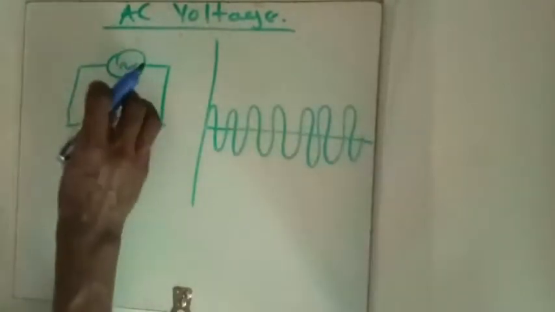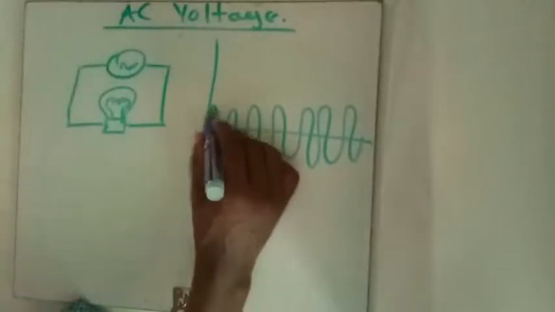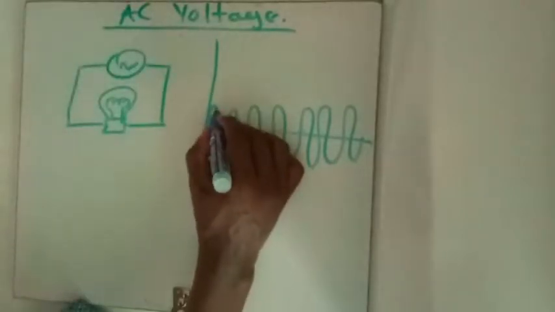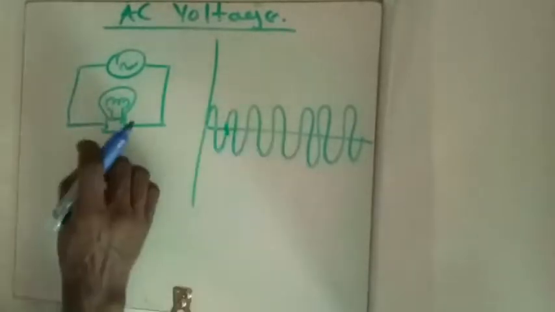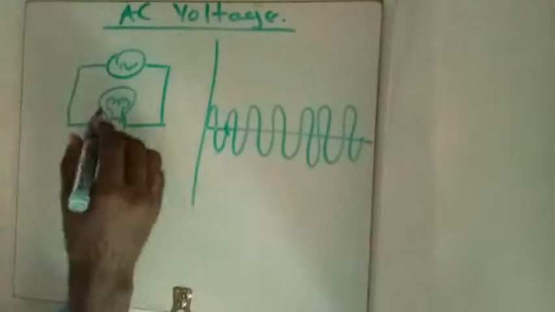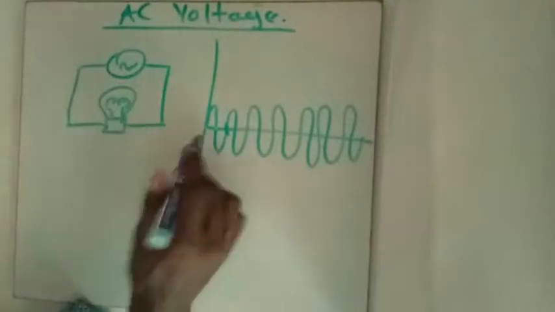So it means that your bulb comes on, off, on again and off. This is 1 cycle. So it comes on, off, 1 cycle. It does that 50 times in 1 second.